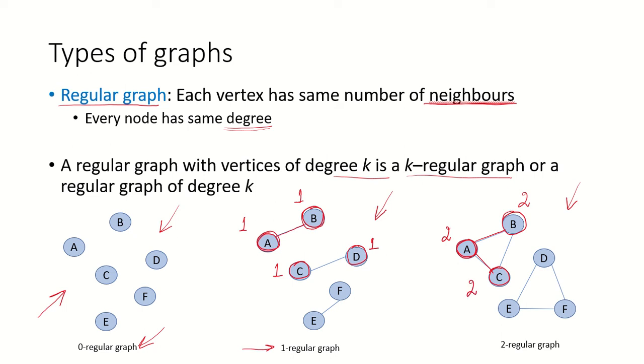Similarly, degree of node C is also 2 because it is connected to nodes A and B. Similarly, we see over here that nodes D, E and F, each of them also has a degree 2. So since the degree of each node in this graph is the same, it is a regular graph. And since the degree is 2, we refer to this as a two regular graph.